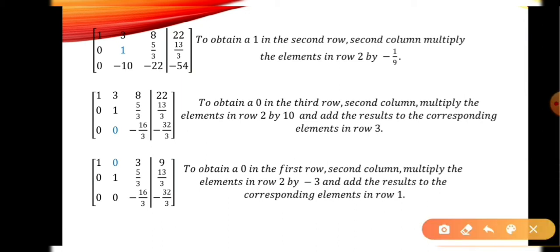Next is third column. So again, in each column, you have to first solve for 1. Get its coefficient's reciprocal. So negative 3 over 16. Multiply across, you'll have this.